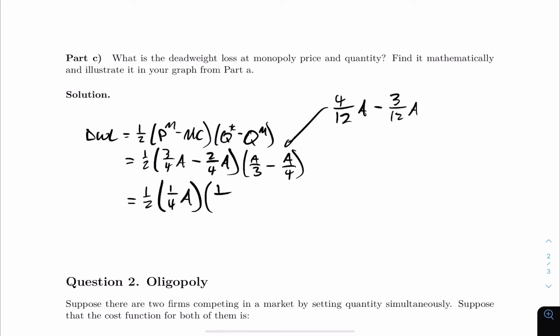So this just leaves us with 1/12 a. So what we have here is a deadweight loss of a squared times 1/8 times 1/12. Let's see if I can do this in my head: 80 plus 16 is 96. So 1 over 96 a squared is our deadweight loss.